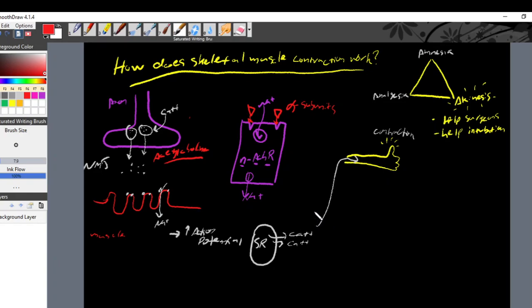And from that point, the calcium further on down the line causes actin and myosin to bind and contraction of a muscle to occur.